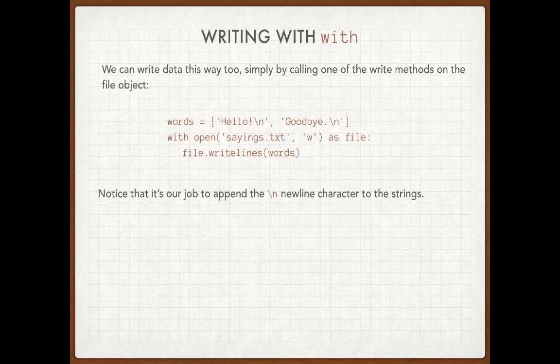If sayings.txt doesn't exist, it will try to create it. Now you'll notice I'm aliasing that as file, and I'm using file here in the next line in my block, where I'm just writing lines to that file, and the lines I would like to write is the list of words. So we'll do this in the command line, and then you can see how that actually works.